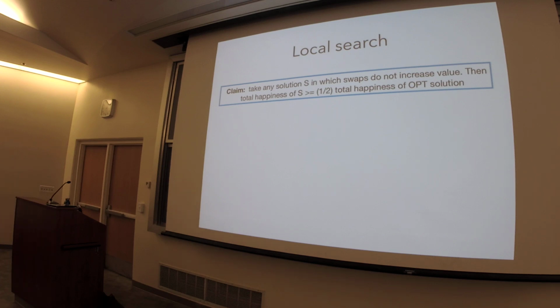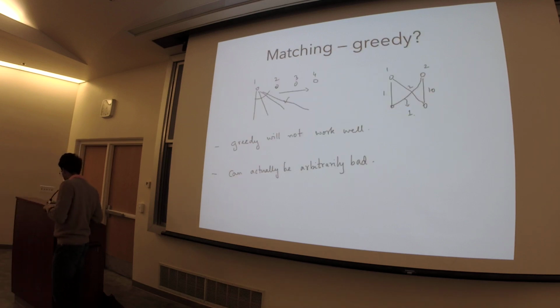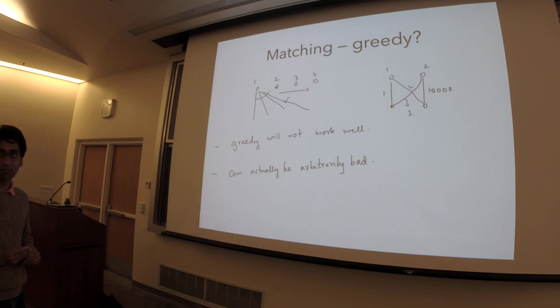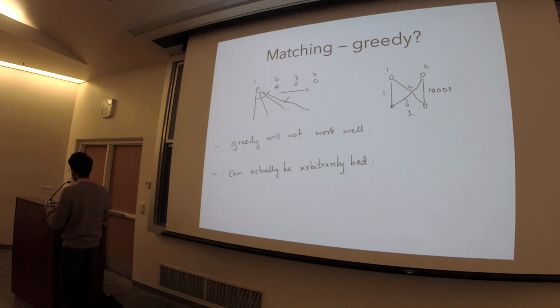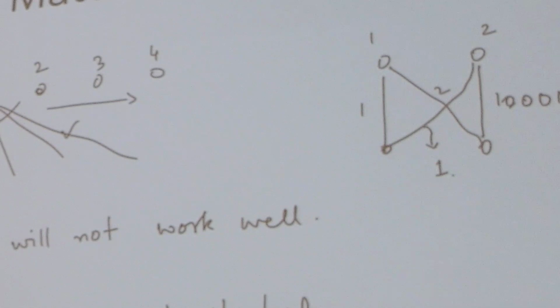Even though this is not optimal, this results in a solution that is not too bad. And this could not have been said of the greedy algorithm, because I can make this 100 equal to like 10,000 or something, and the ratio would blow up. So that's what we'll show next time.